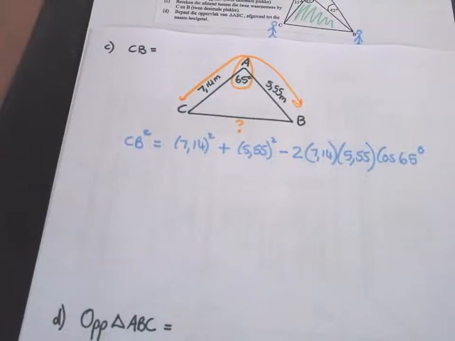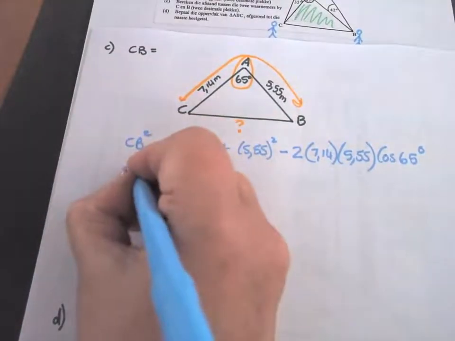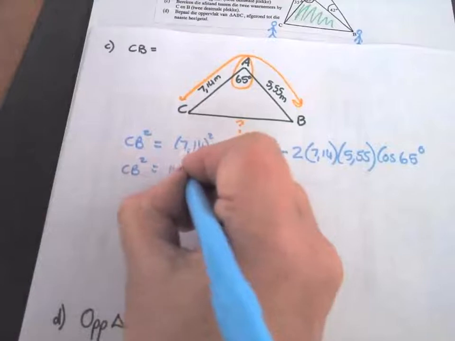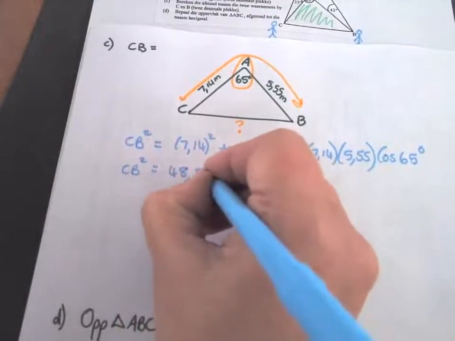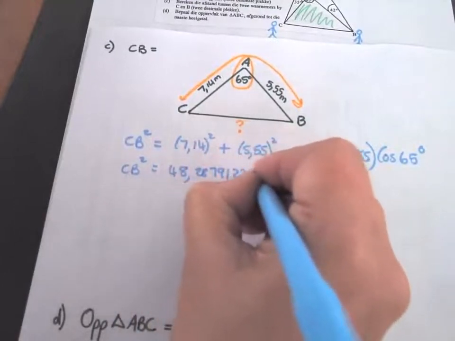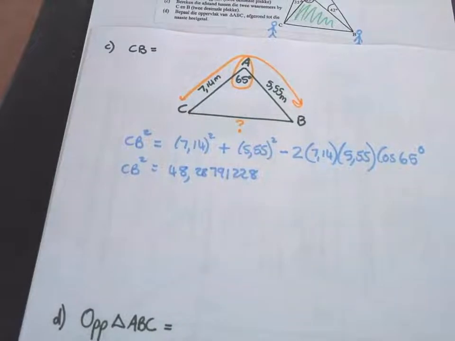Then you type everything in and you get CB squared equals 48,28791,228. This is still an intermediate step, so you have to write all the digits.